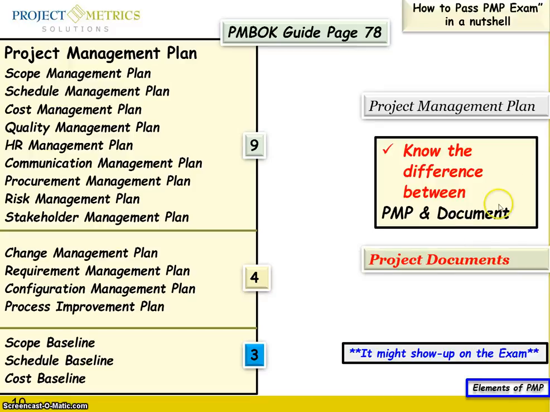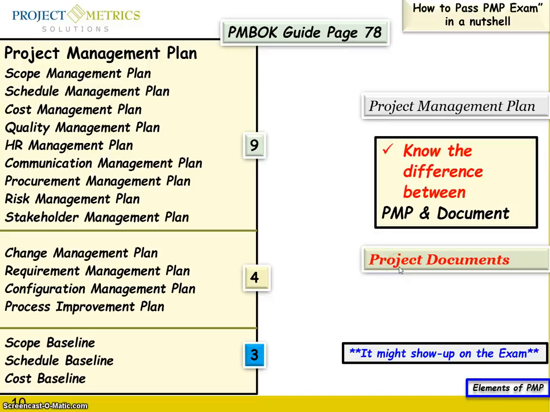And know the difference between the PMP and the project documents. If you want to have fun with your staff and test them to know the difference between the project management plan and the project documents, ask them to get you a stakeholder register, for example, from the project management plan.